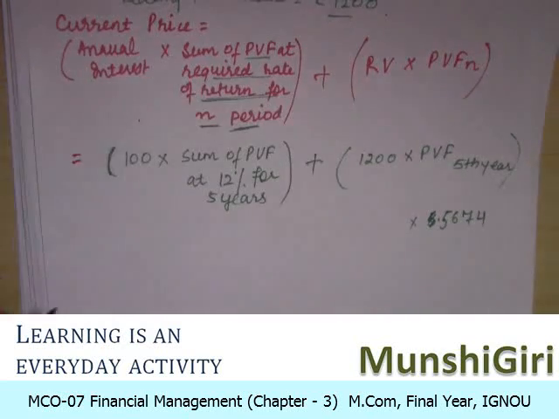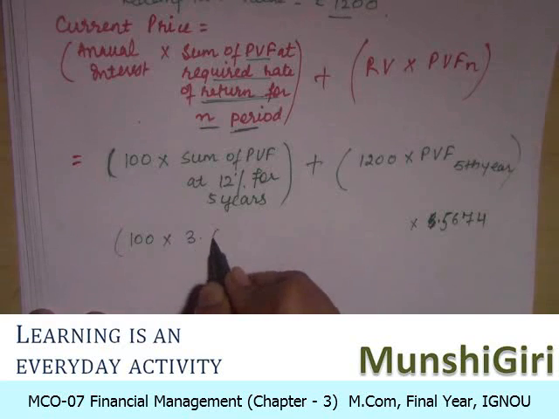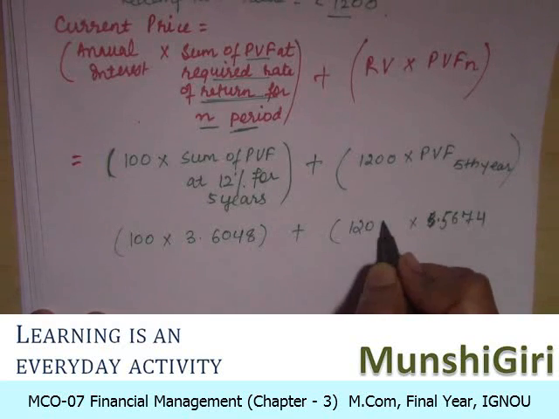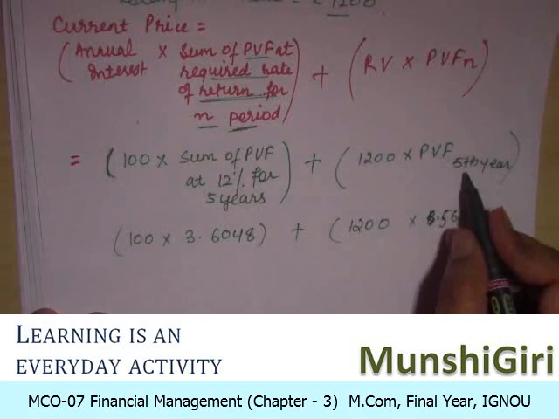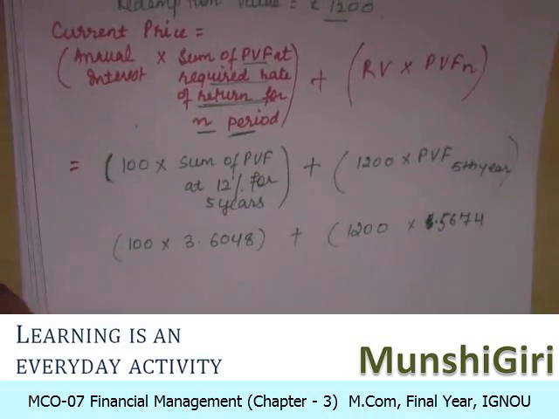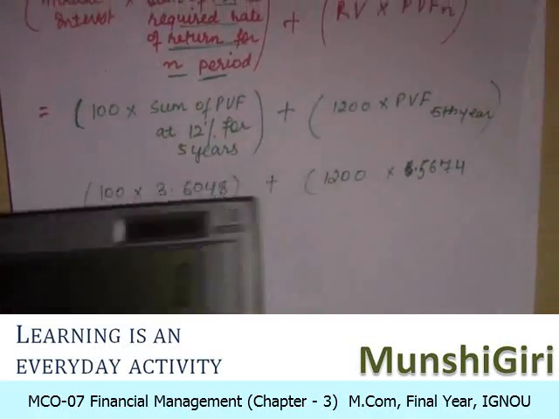3.6048. So 100 into 3.6048 plus redemption value is 1200, and the present value factor for the 5th year we just calculated as 0.5674. Let's multiply these components.